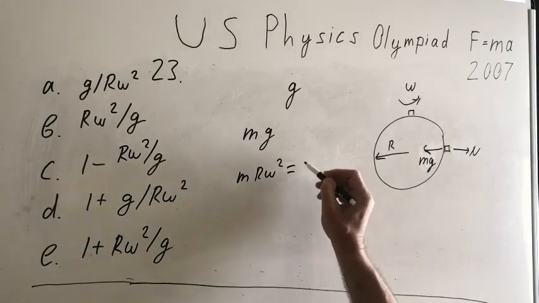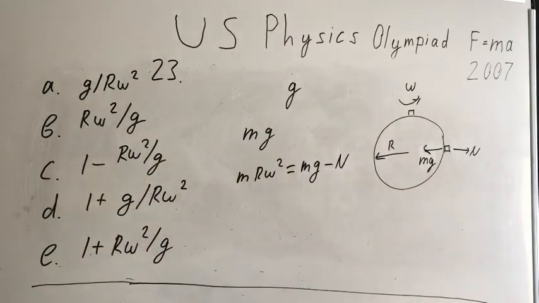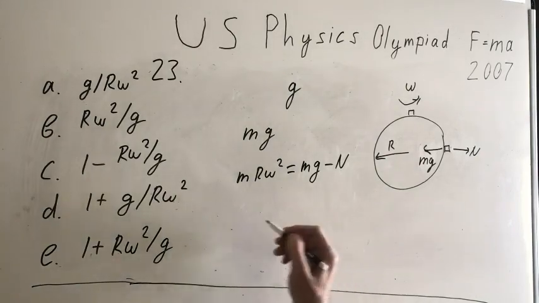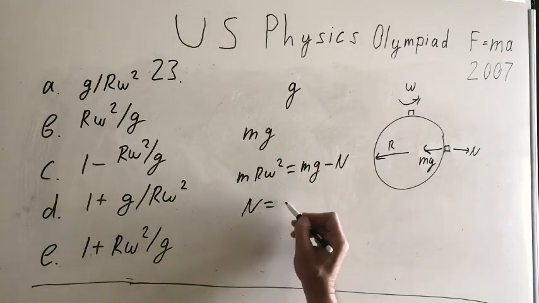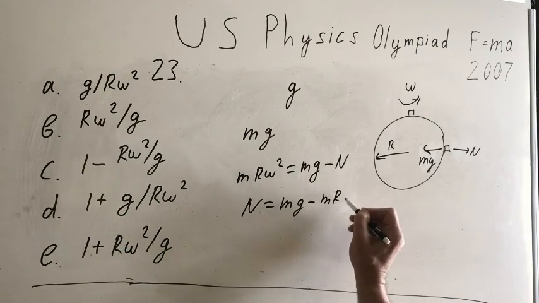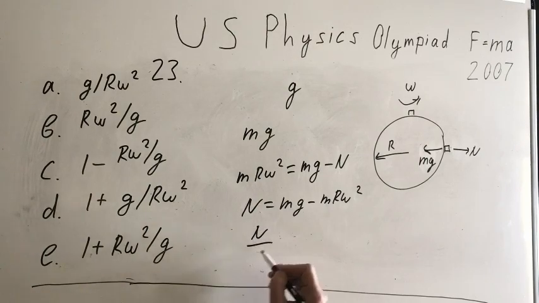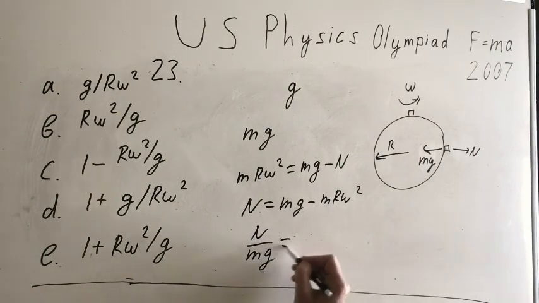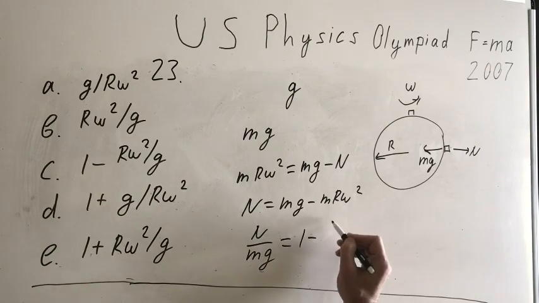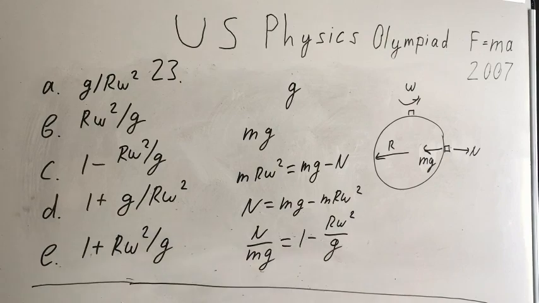So we have mg minus normal force equal to mr omega squared. So from here we can find that normal force equals mg minus mr omega squared, and we have N over mg equal to 1 minus r omega squared over g. So that's the correct answer, which is C.